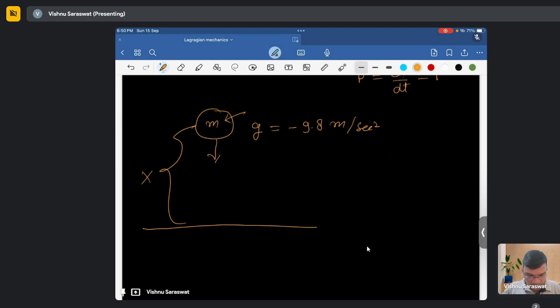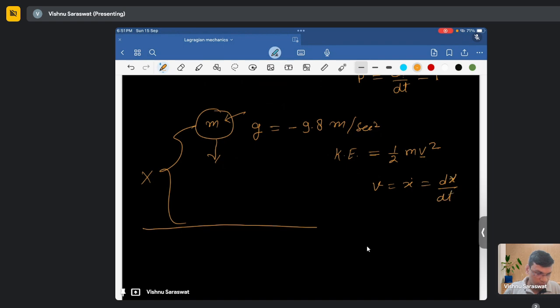Okay, so now we are talking about the kinetic energy of the particle. As you know, the kinetic energy is half m v square. We can replace the v by x dot, as you know, dx upon dt.